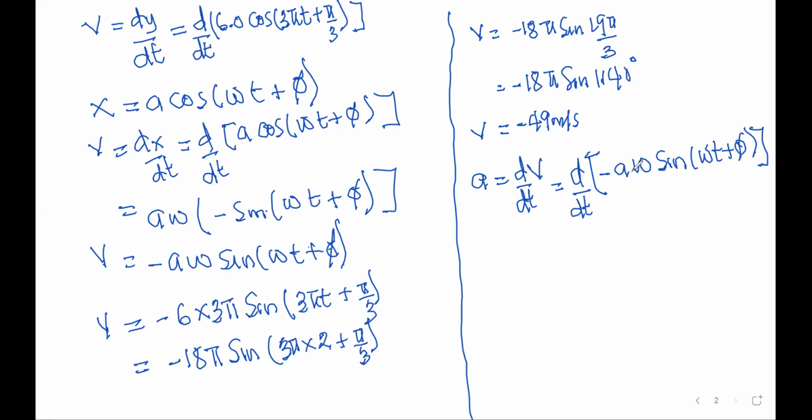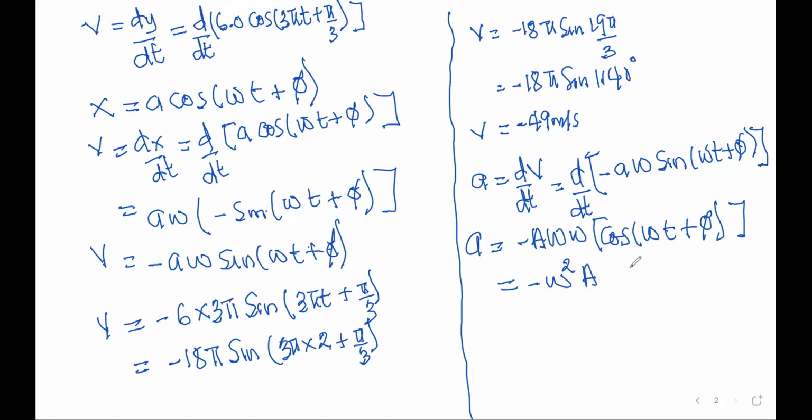So the coefficient A times omega will not be affected. So a is equal to negative A times omega. When you differentiate omega t, you get omega. And when you differentiate sine(omega t plus phi), you have cos(omega t plus phi). And so this will also give us negative omega squared times the amplitude times cos of omega t plus the phase angle.